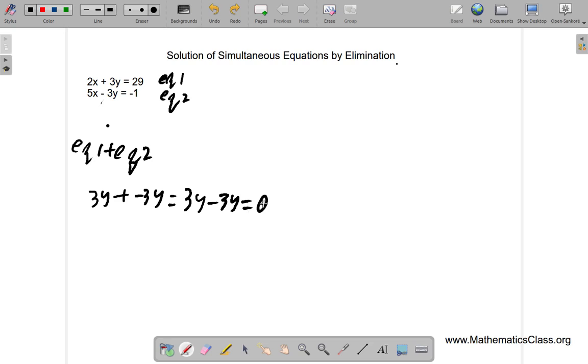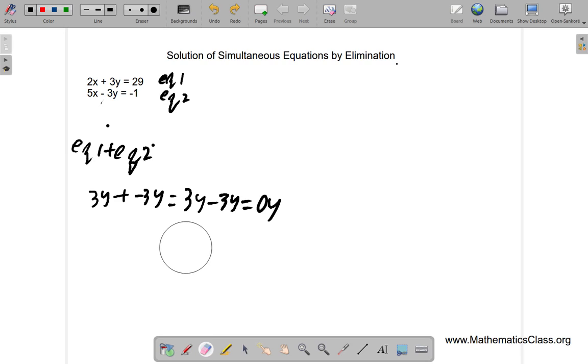What do we end up with? 0y. We have eliminated y by adding these two equations. So what we will do is go ahead adding everything, adding the x's, the y's, and the numbers now.